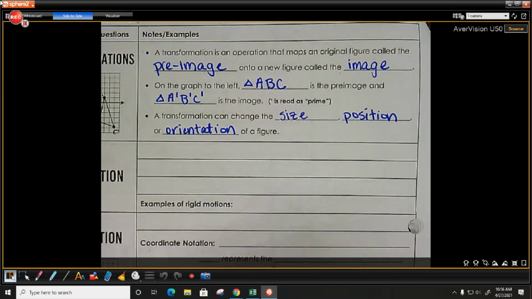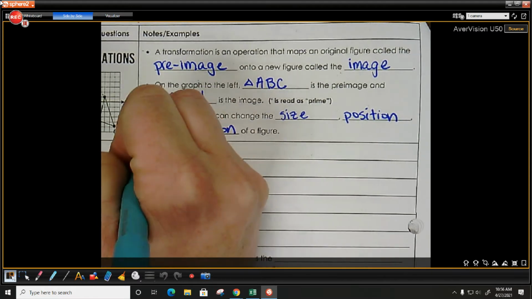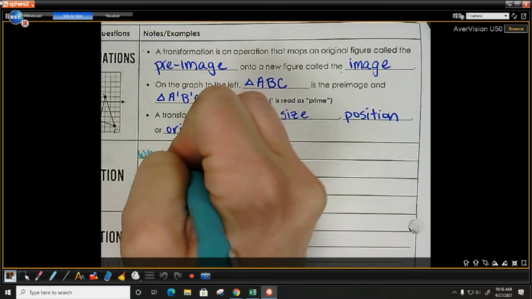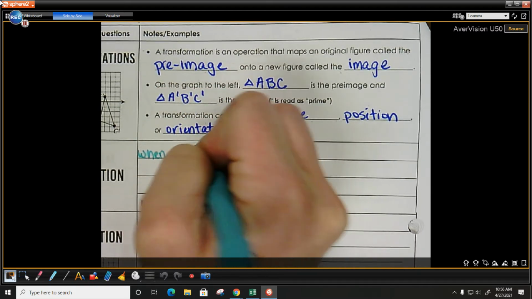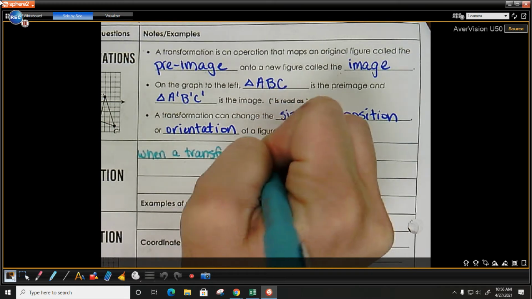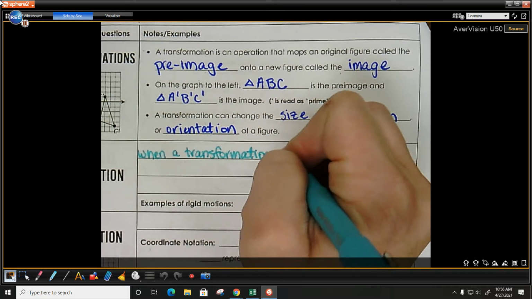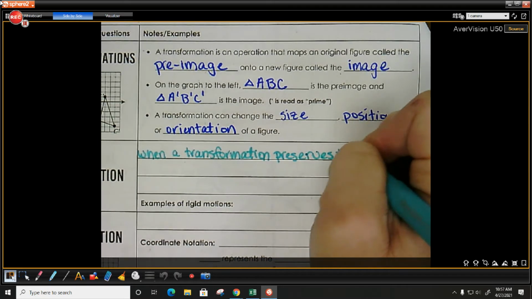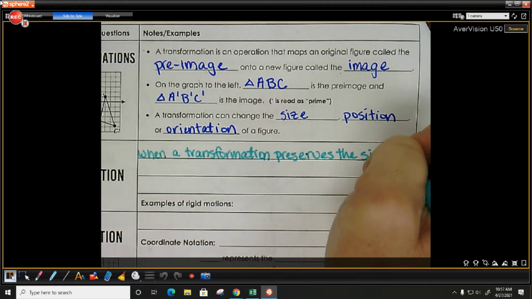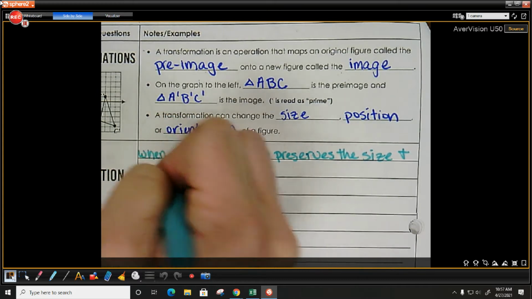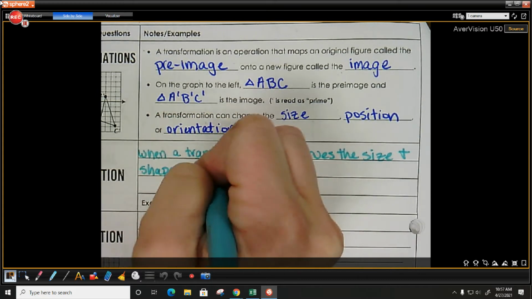So what is a rigid motion? A rigid motion is when a transformation preserves the size and shape of a figure.